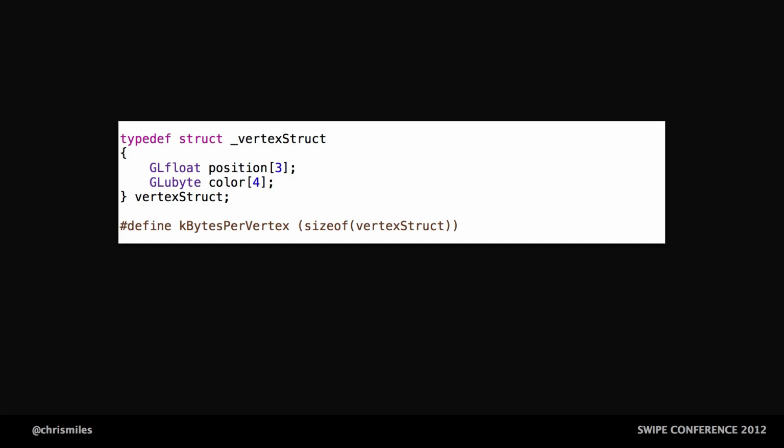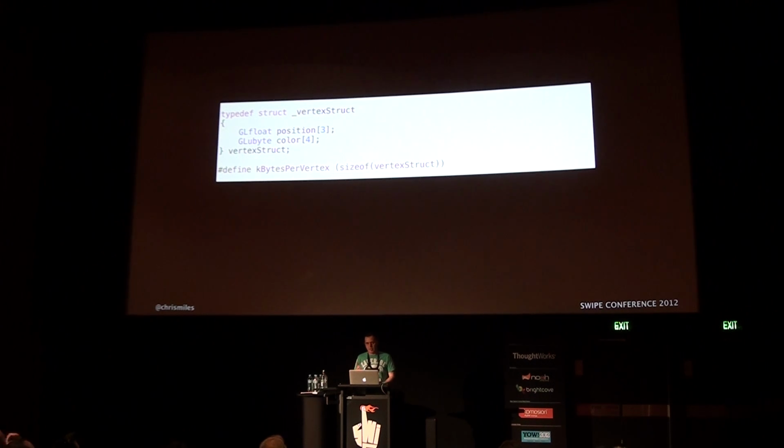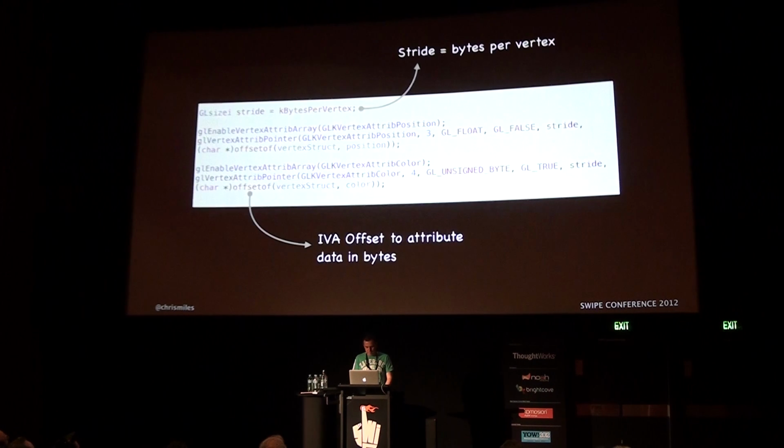Within our struct, we've got 3 floating point values for the position, then 4 unsigned bytes for the color values, and that makes things a lot easier when we're manipulating that data, and also when we're calculating byte offsets, which we need to do to tell OpenGL about that data, which we'll see in a moment.